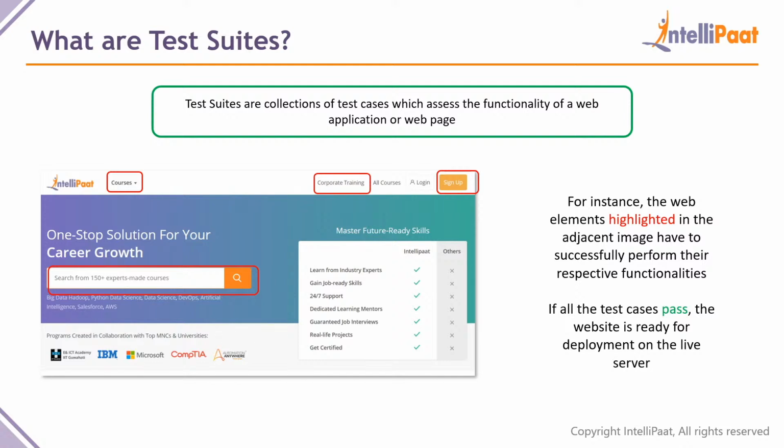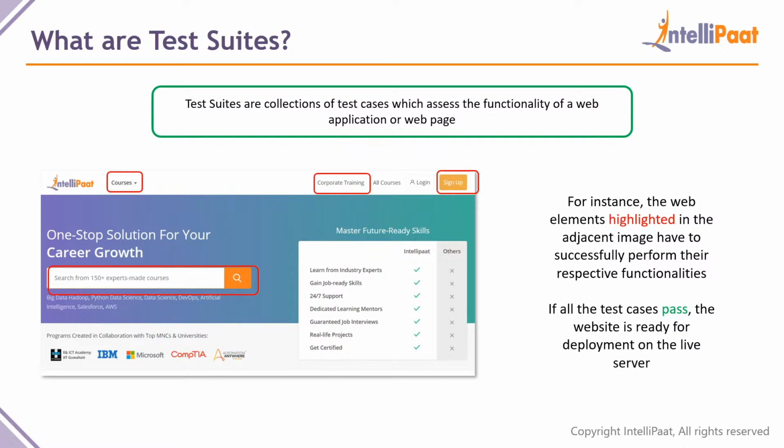If we combine a bunch of these features, like a bunch of these buttons or search bars, and create individual test cases for each of these elements to test whether the website is functioning 100% as it's supposed to, like the search bar is supposed to redirect to another web page which actually gives the results. The courses bar is supposed to drop down and give a drop down menu, and the corporate training is supposed to lead somewhere else to another web page.